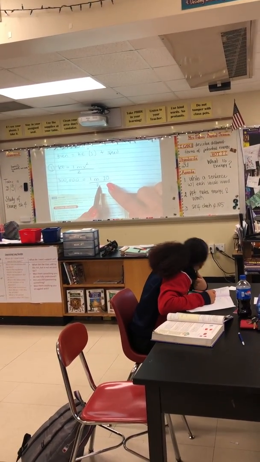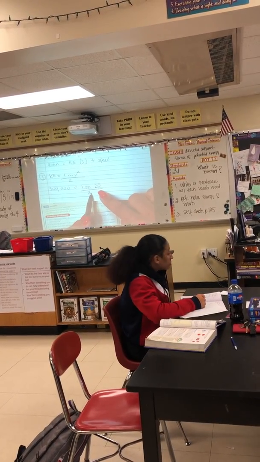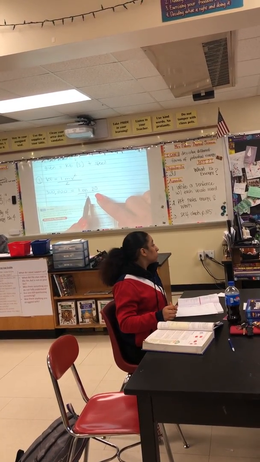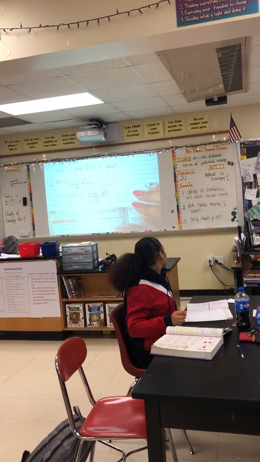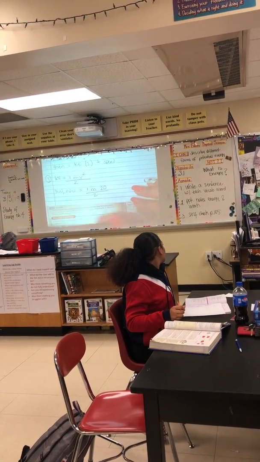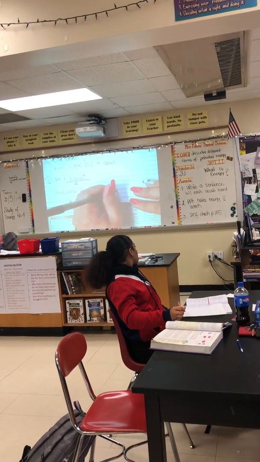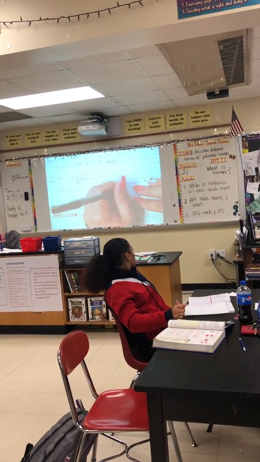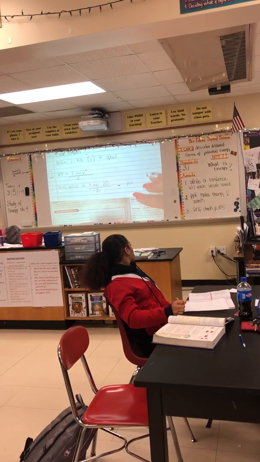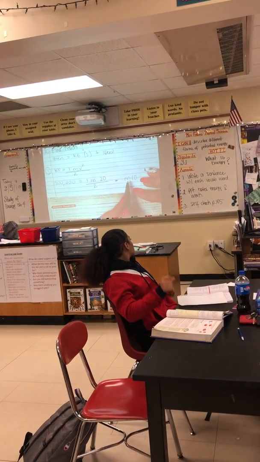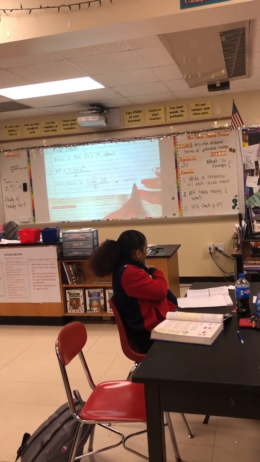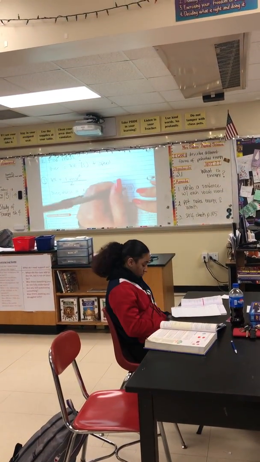If I simplify this, what do I get? 1 times M is just M. 20 divided by 2 is 10. So 300,000 equals M10, right? I'm going to put this in parentheses for y'all.